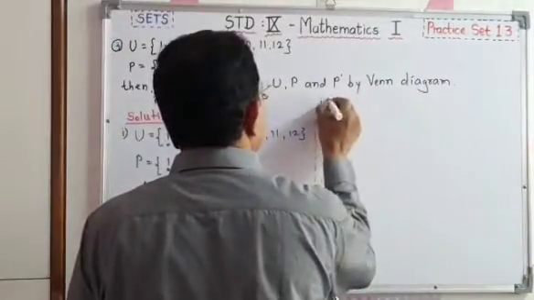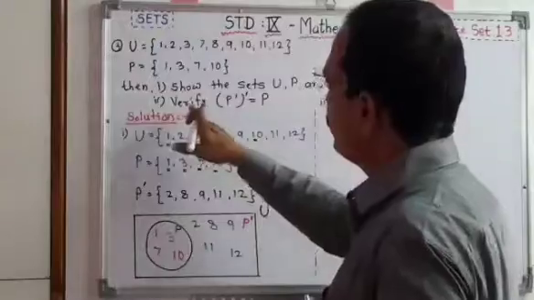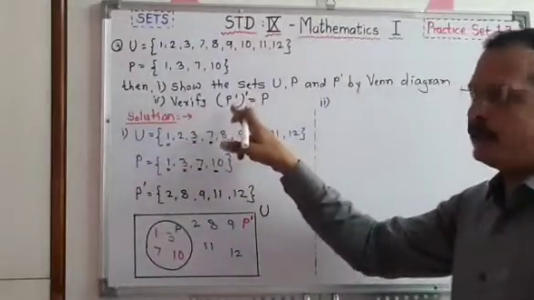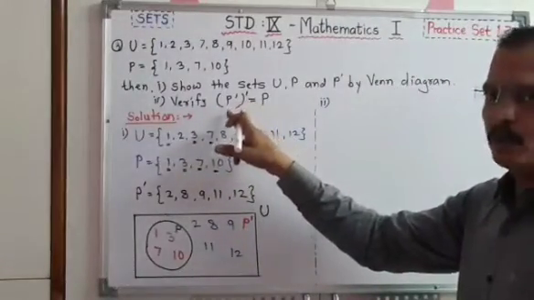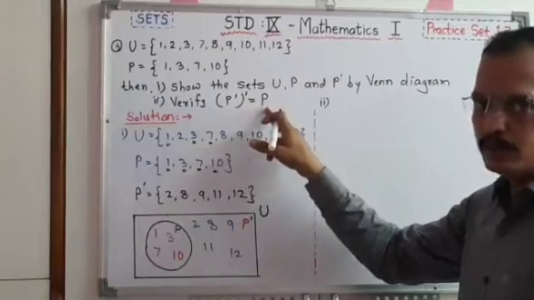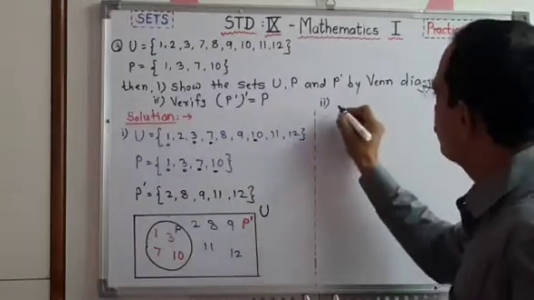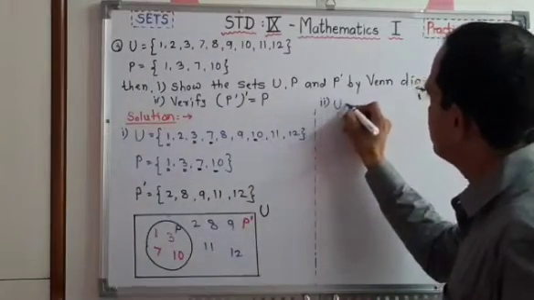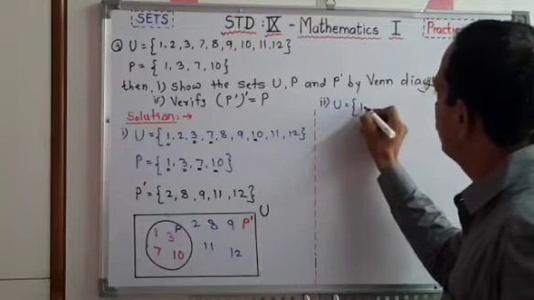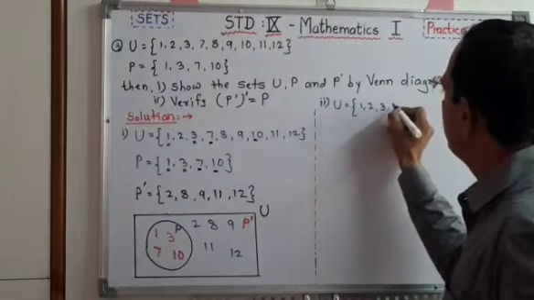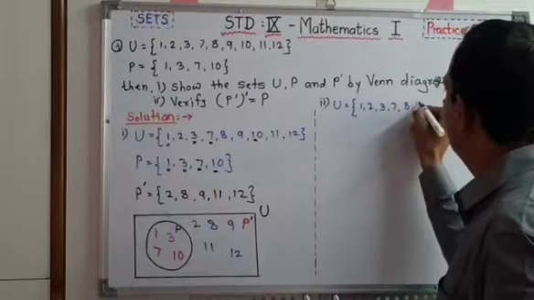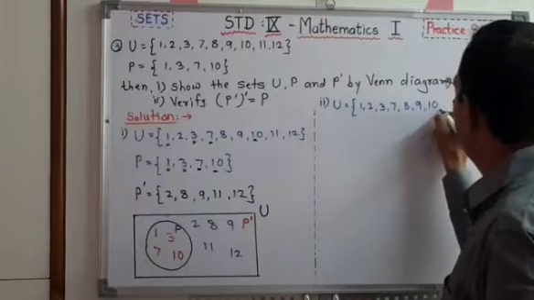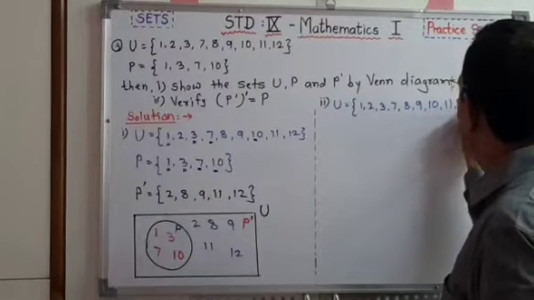In the second, what is given? We have to verify that the complement of P dash, or the complement of P complement, is equal to set P. Therefore, first of all, we write the universal set: 1, 2, 3, 7, 8, 9, 10, 11 and 12.